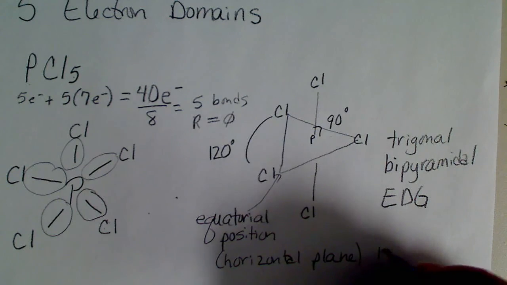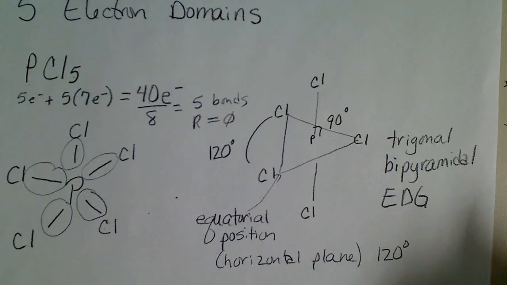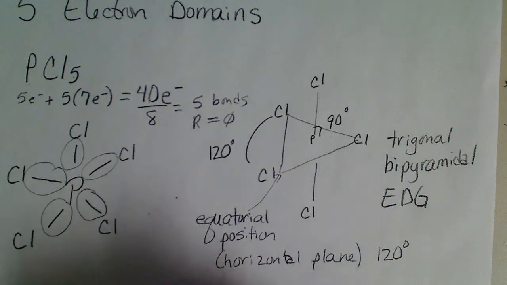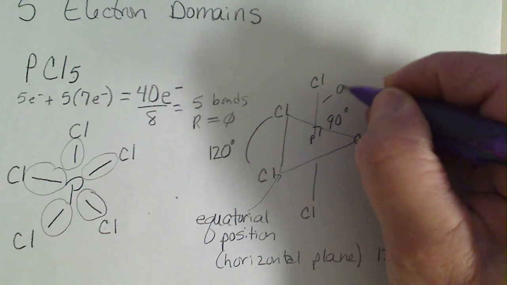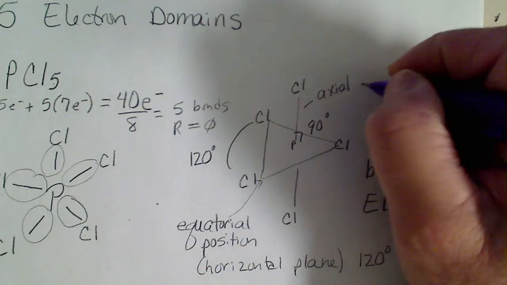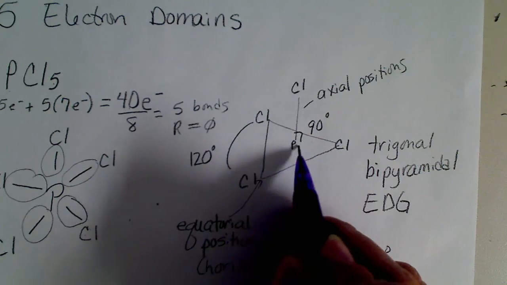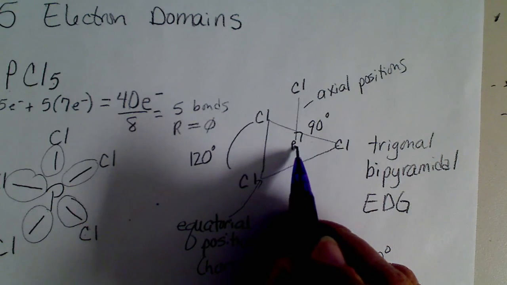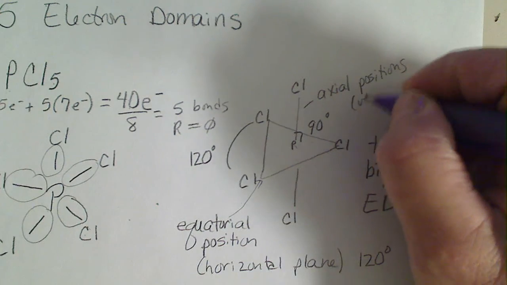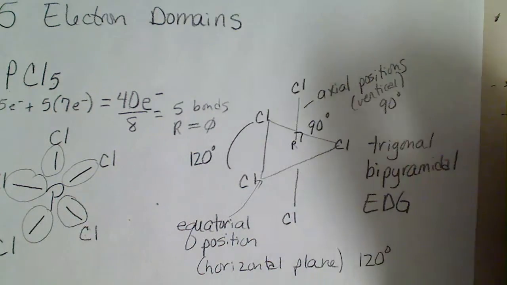And that's where the 120-degree angles are, around that triangular equatorial position. The axial position, if we think about an axis, or the axis on the Earth, the axial positions are at 90 degrees, or they're perpendicular to this horizontal plane. So this is the vertical position, and that's where the 90s are.